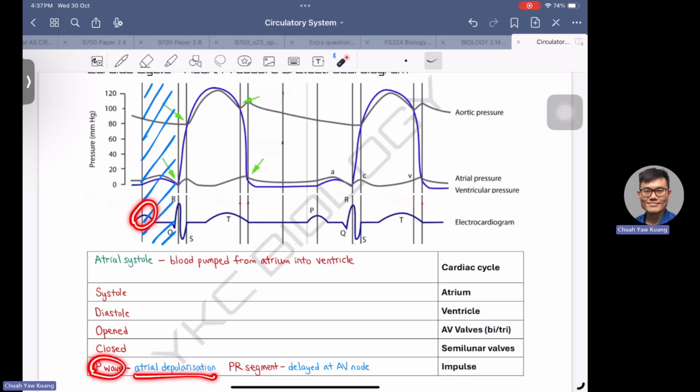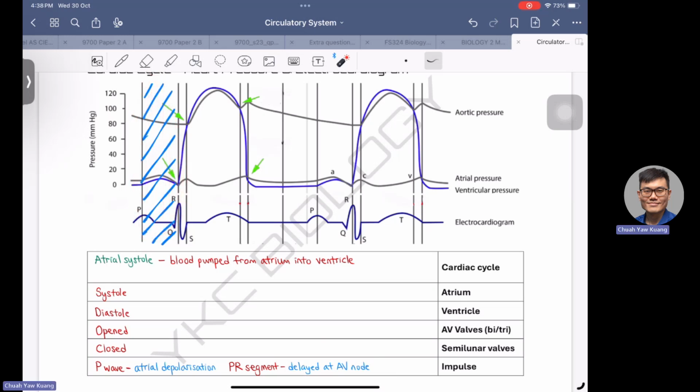In order for the impulse to travel to the left atrium and cause the left atrium to complete its contraction, we need to delay the impulse at the AV node. This is very important so that the left atrium and the left ventricle won't contract at the same time. So that's all for the first phase, atrial systole.